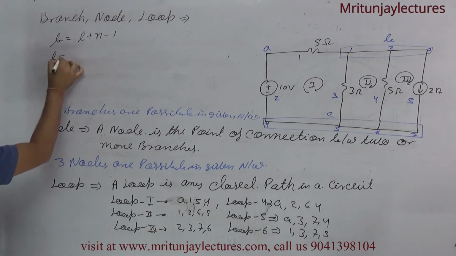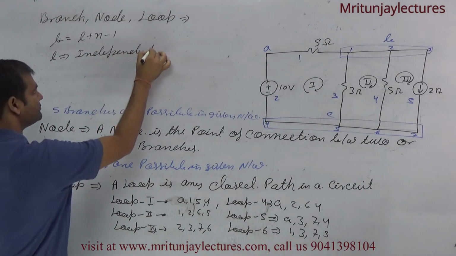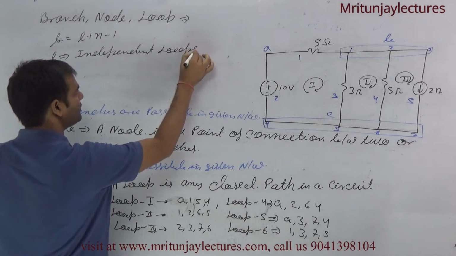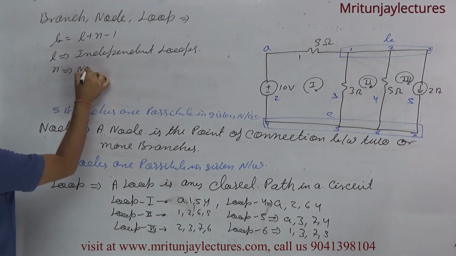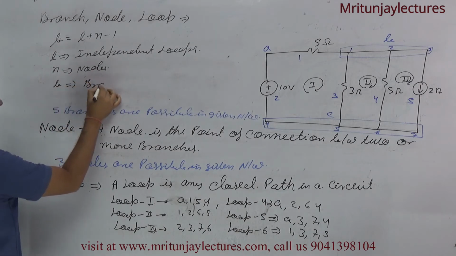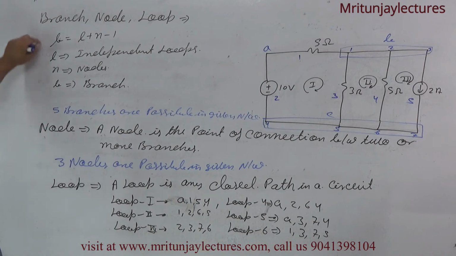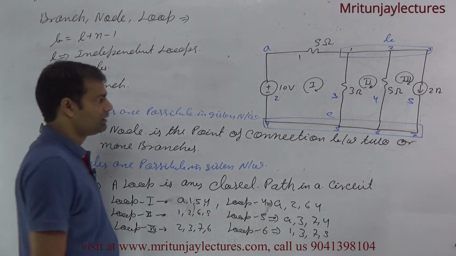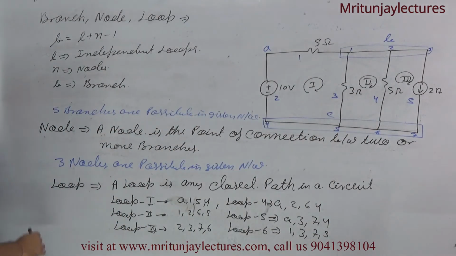L is the number of independent loops, N is the number of nodes, and B represents branches. Okay. What about the number of loops? Independent loops 1, 2, 3, so L is equal to 3.